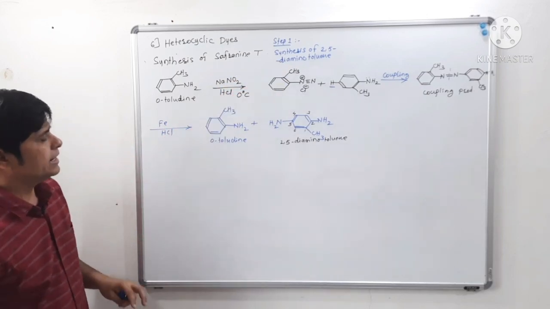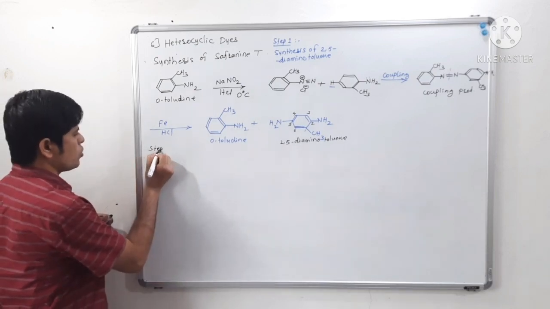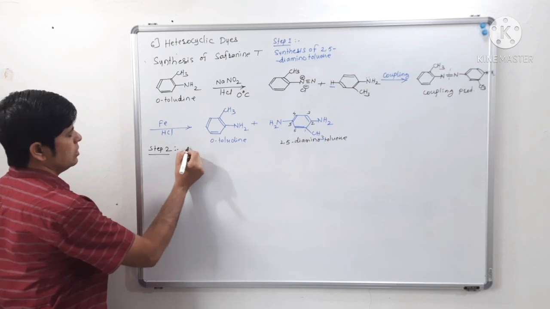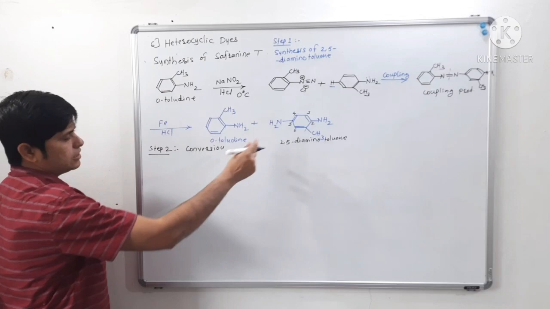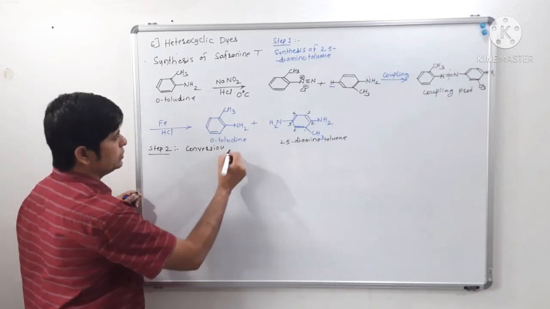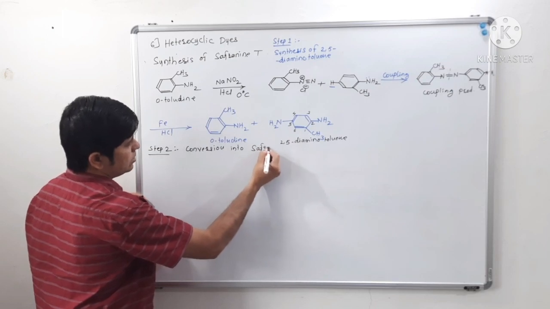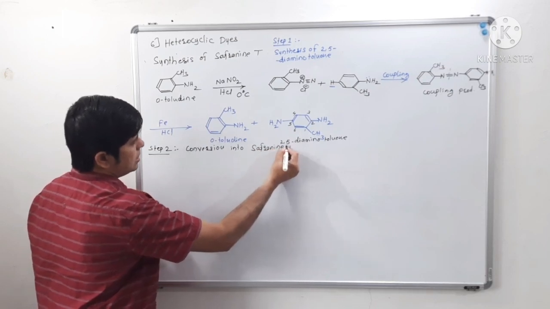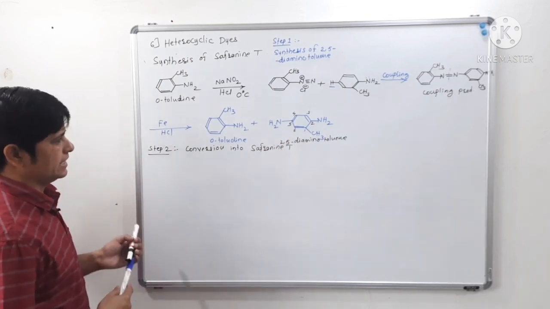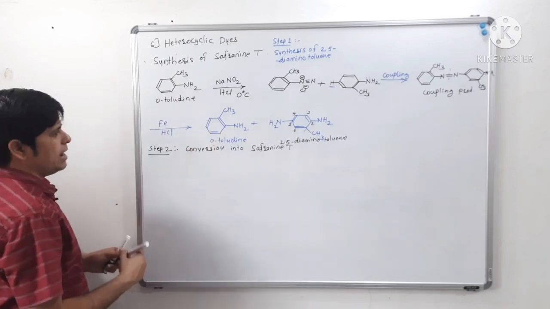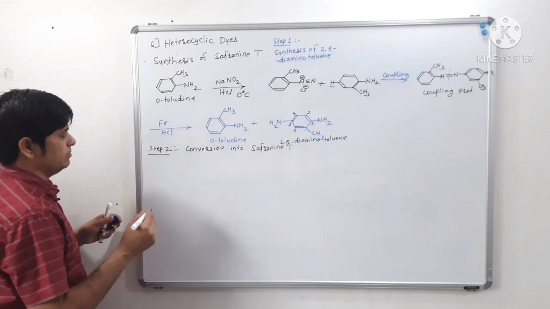Now next step is step 2, the conversion of 2,5-diaminotoluene into safranine T. Now see, write 2,5-diaminotoluene in proper fashion so we can write the synthesis in a proper way.